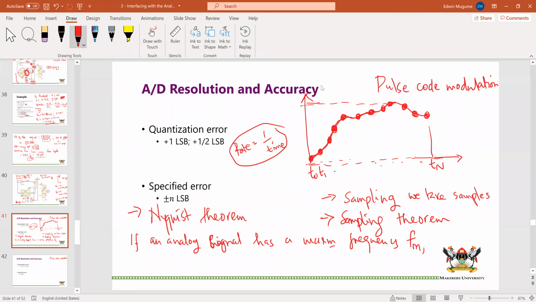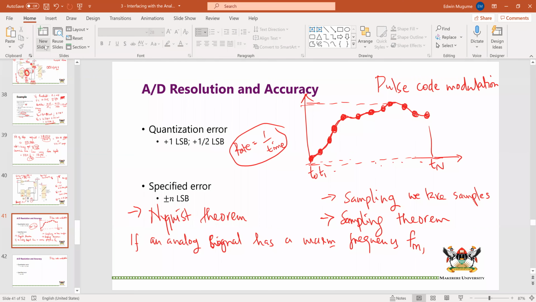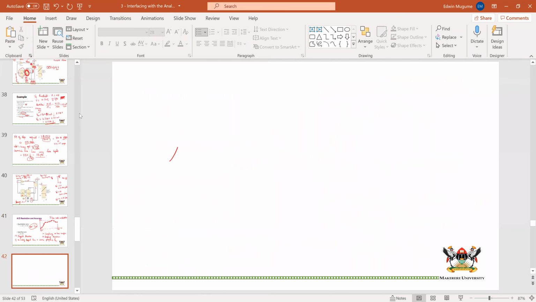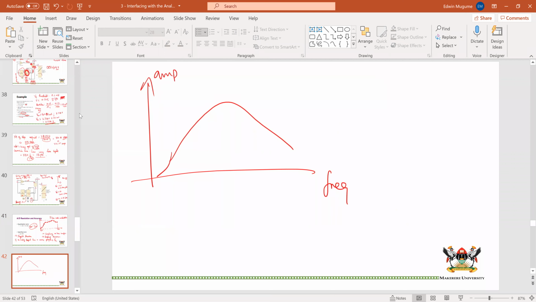FM, okay, so we know that an analog signal can have, if you look at your signal in the frequency domain where this is amplitude and that's frequency, you might find that at that point, this is my FM or F max, basically. That will be the frequency maximum. So for instance, if you're looking at voice, I think I've mentioned this before, your voice, my voice, everyone's voice usually ranges from around 300 Hz to around 3,400 Hz.